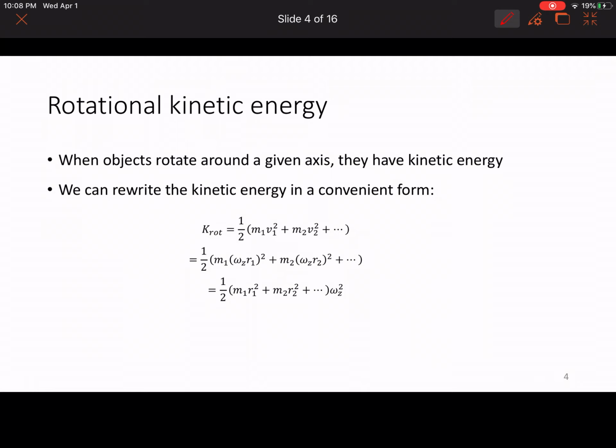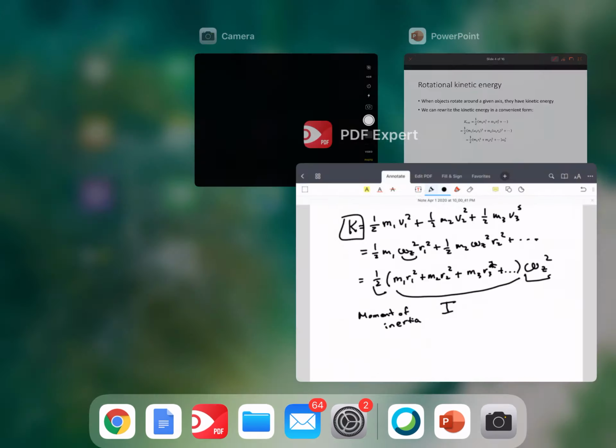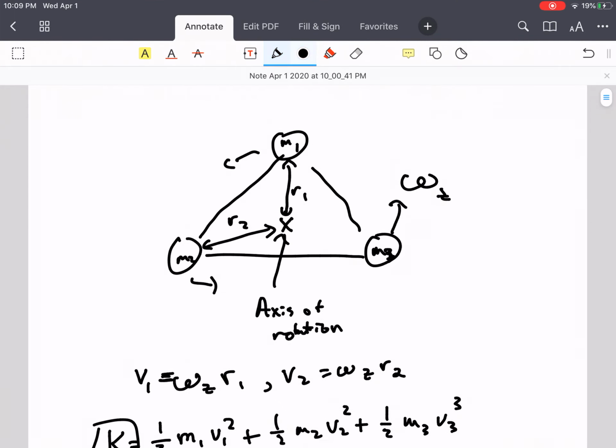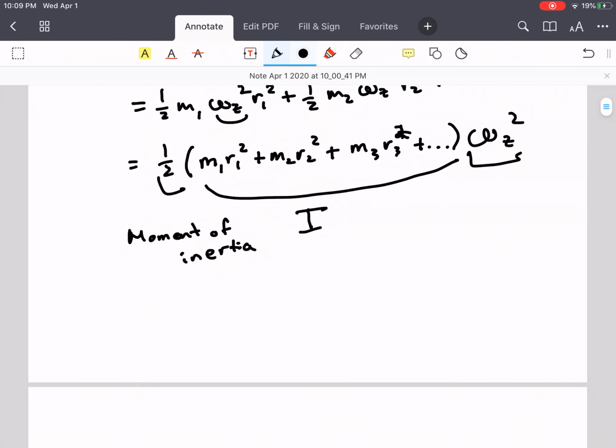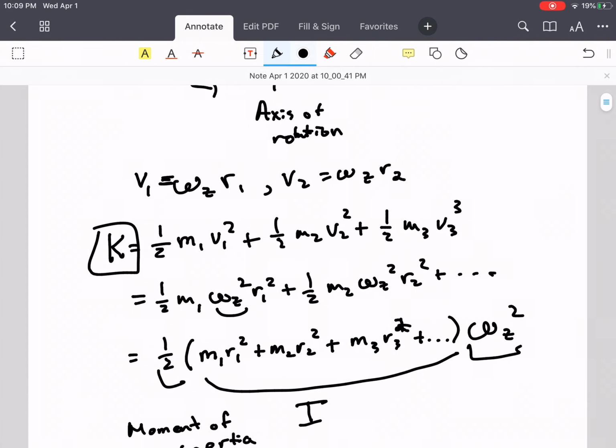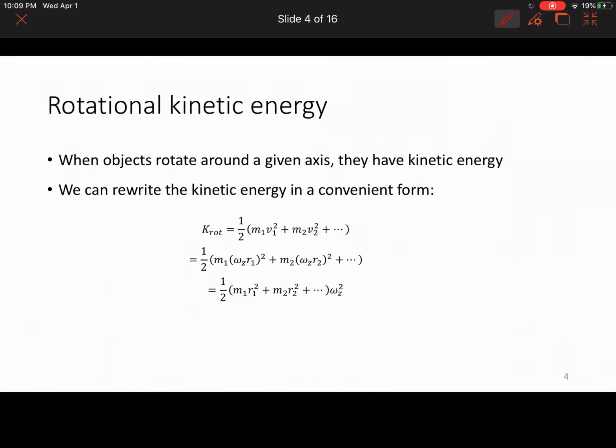These are just regular old kinetic energies, 1/2 mv squared. The difference is that if I consider these three point particles as one big object, the whole object is not moving together, it's rotating. So I want to think of translational motion as having its own kinetic energy, and here is the rotational kinetic energy. This is only coming from the rotation.